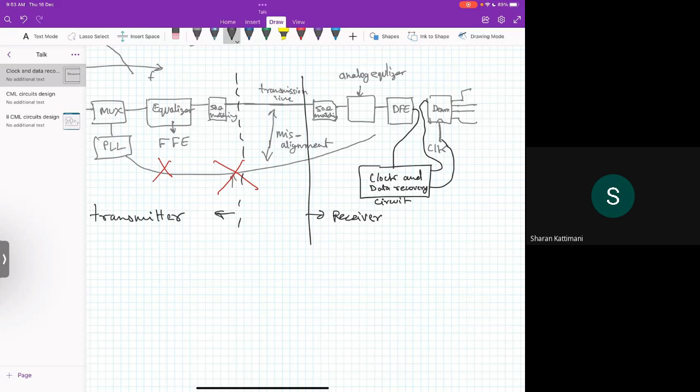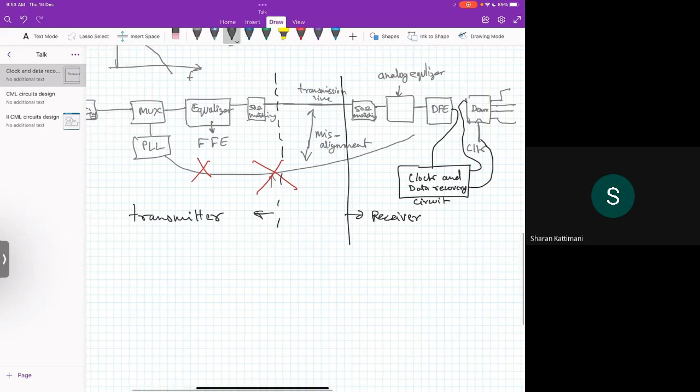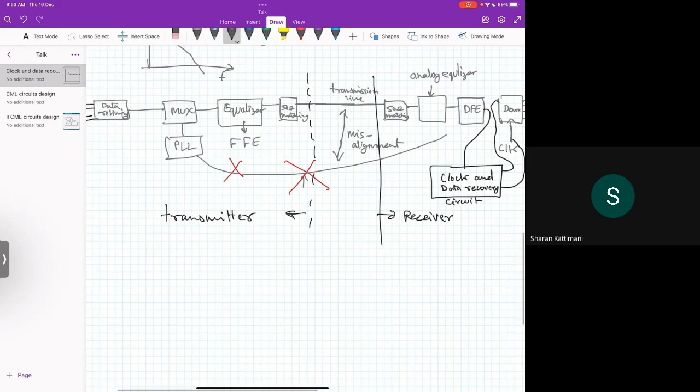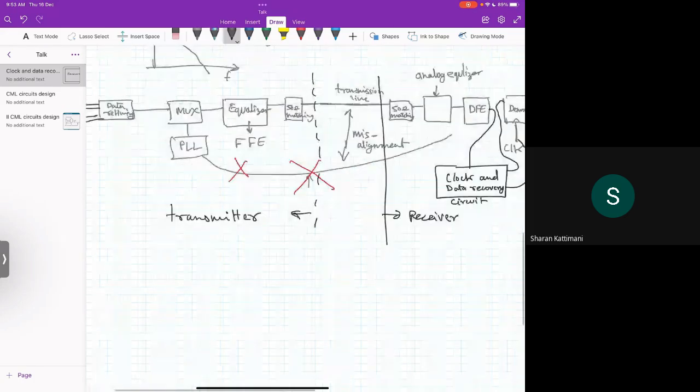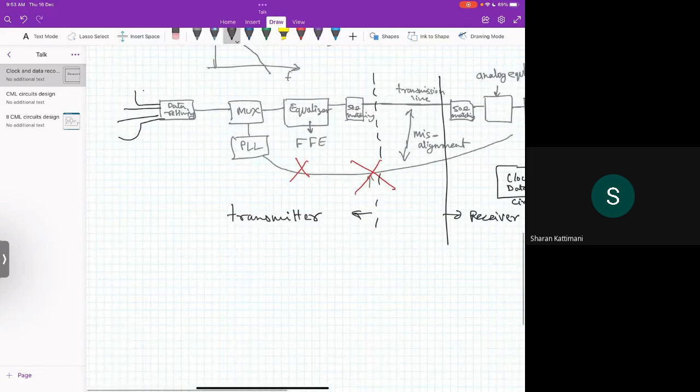Okay, and then it will demux the data. So before moving further, what is the need of an analog equalizer? Let's assume this is the data, something like this.